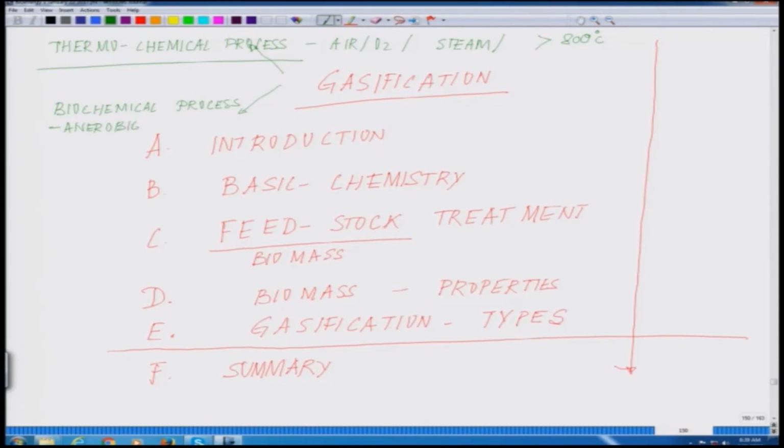Anaerobic means microbes which grow in the absence of oxygen, and they could carry out the reaction at an ambient temperature, which is around 35 or 37 degrees centigrade. So, the process is called anaerobic digestion. We haven't yet touched upon this point, we will be coming to it later.